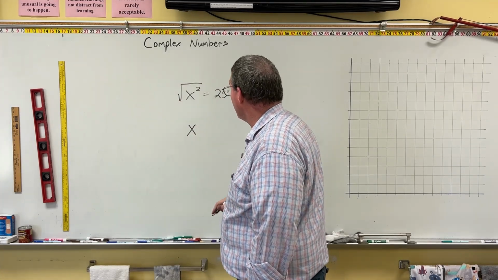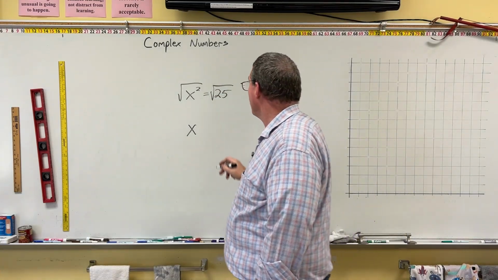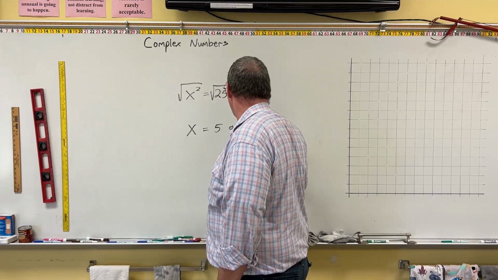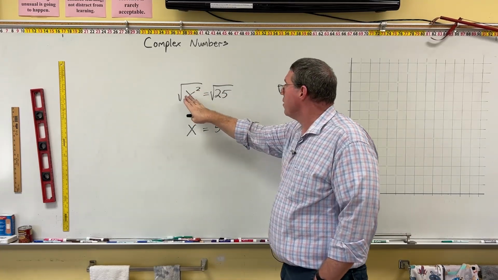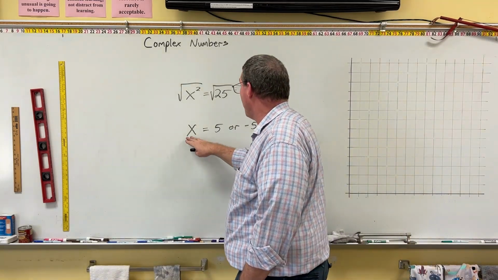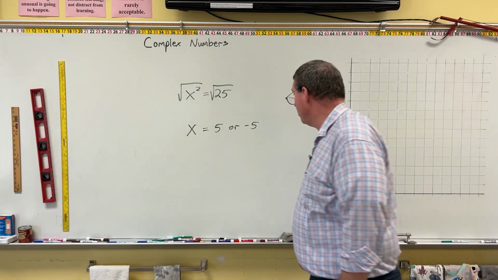Algebraically, if we do the square root to one side, we have to do the square root to the other side as well. And the square root of 25 is either 5 or negative 5. And so we can solve this x squared equals 25, and the solutions are x equals 5 and x is equal to negative 5. So we have two solutions.